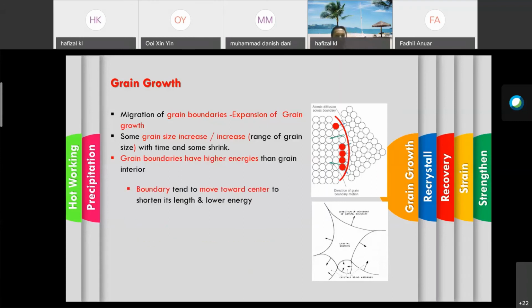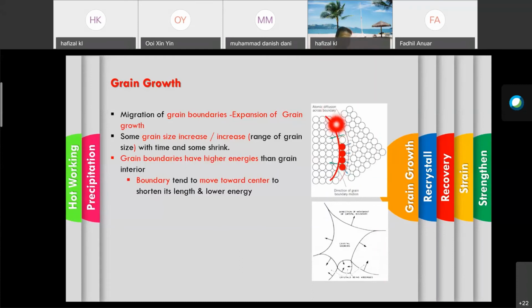As you can see here, it is related to the movement of the grain boundary. The grain boundary moves, and this area becomes smaller as the grain boundary shifts to this side, whereby the atoms diffuse to the other side.